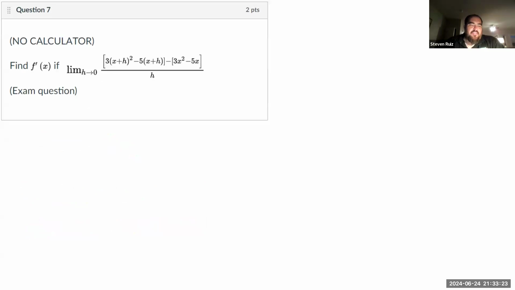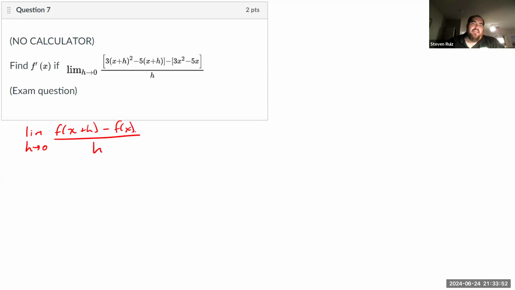And finally, question 7, find f prime of x if I'm looking at this limit. So what is this limit? What's going to make this really easy for you is if we compare this limit with the limit definition of the derivative, f of x plus h minus f of x all over h.